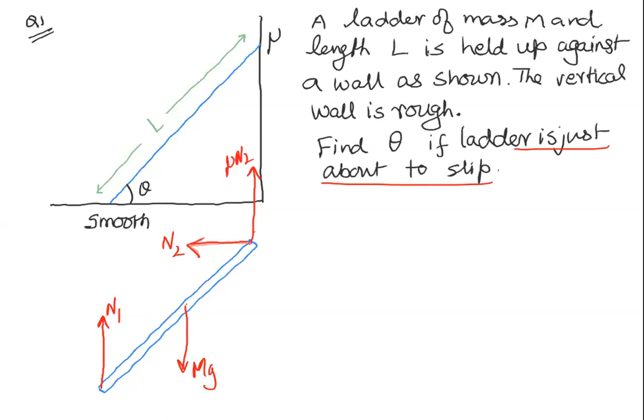If I did not use this word, if I said find theta if the ladder is in equilibrium, then you could not have written mu N2 in the FBD, it would have to be F2, right? In fact, the correct way of approaching this would be to write F2, so I'm going to do that. Then I'm going to later on replace F2 by mu N2. Right? So F2.